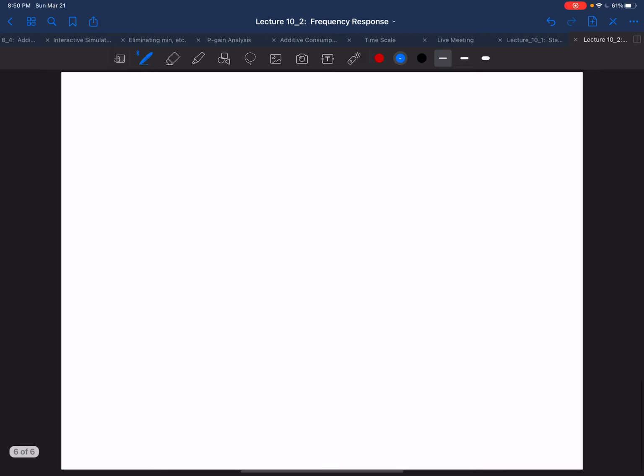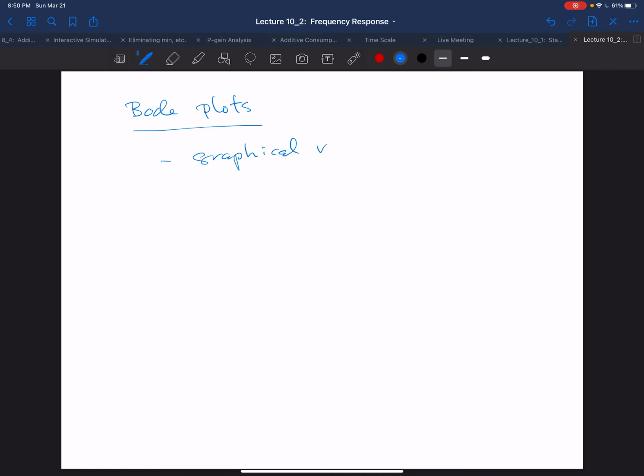We draw plots of the amplitude and phase in a particular form, which we call Bode plots. So this is just a graphical representation of the frequency response, which again consists of these two parts, the modulus and the angle, or the amplitude and phase, we sometimes say.